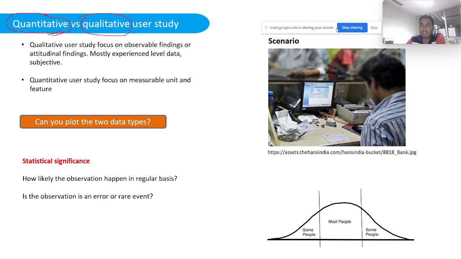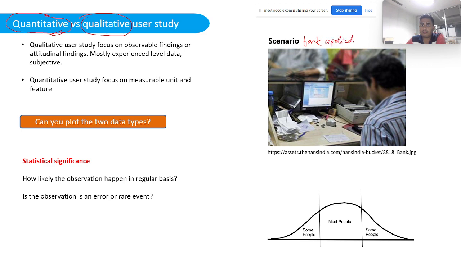Suppose here is a scenario of a bank, and we are studying things related to a banking application. What do you think are the qualitative information, and what are the quantitative information? How do you decide?